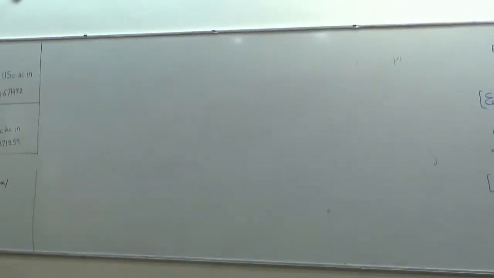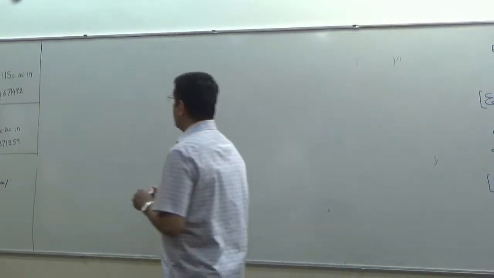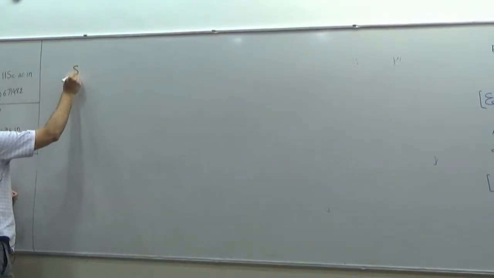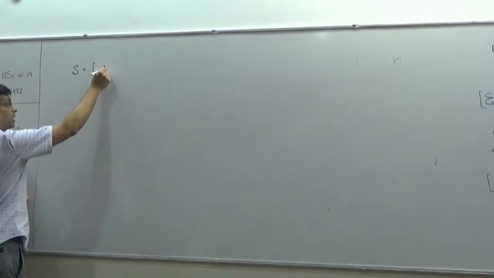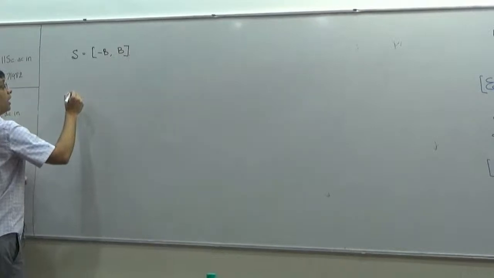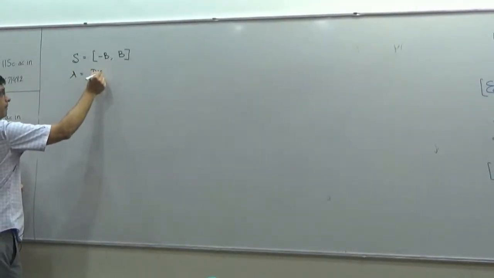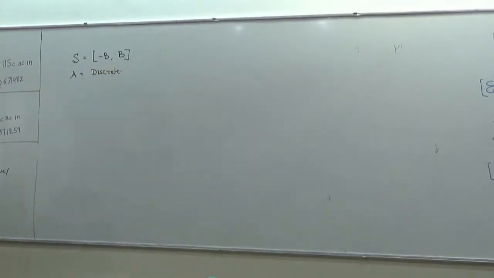For now, I am not going to define the precise model, but just abstractly ask the following question. Suppose I have a model in which my state space is some bounded interval from minus B to B, and my action space is discrete, just for simplicity. Okay.